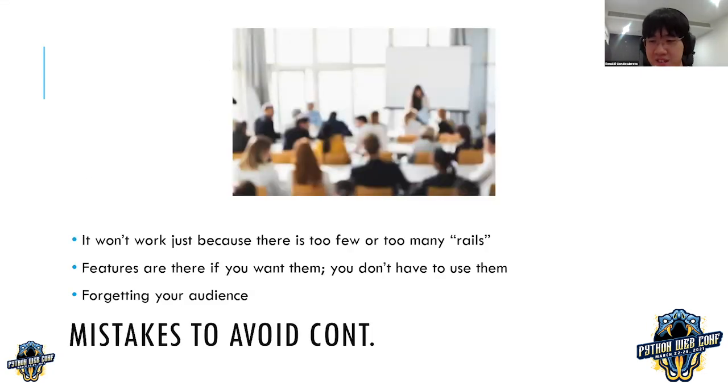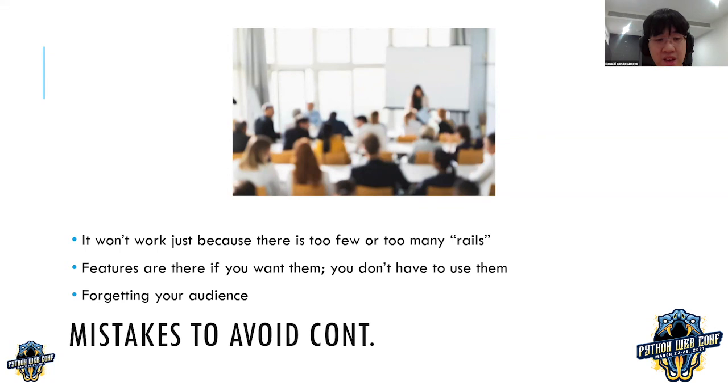And just some more mistakes that I still see in the community. Sometimes people say it won't work just because there are too few or too many rails. In this particular case, we really have to prevent having too many rails and find the right number.